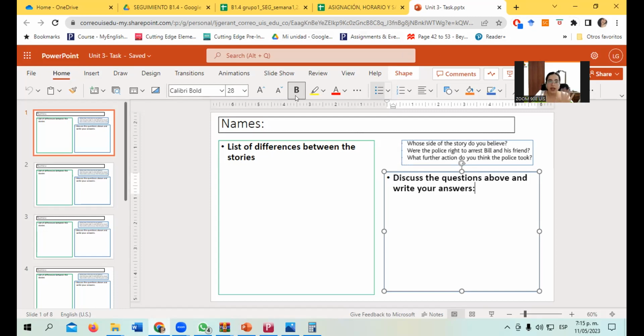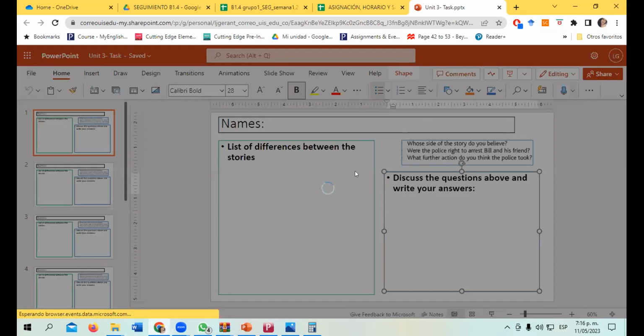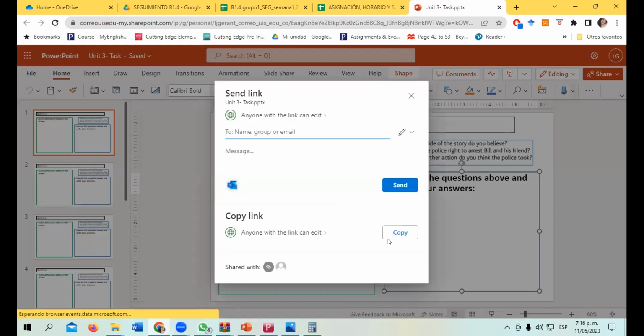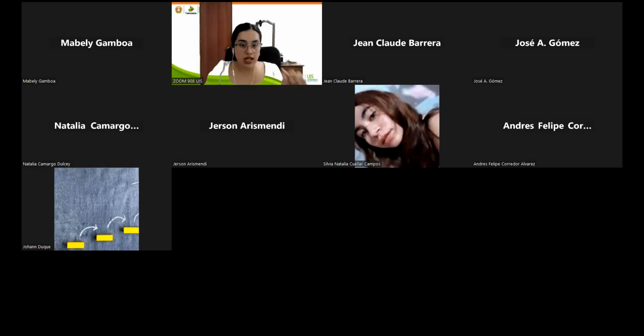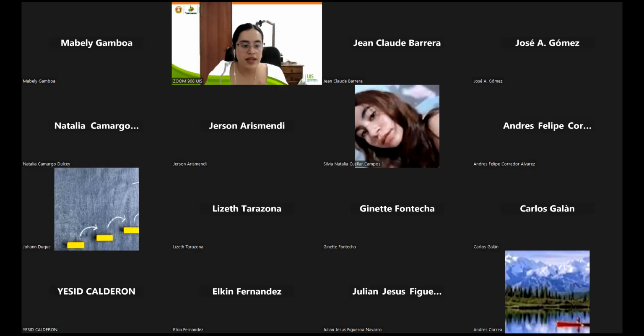Okay? So we have 2 different things. First, the list of the differences between the 2 sides, and then you are going to discuss and answer these questions. In total, we will have 20-25 minutes to work on this. All right, is it clear what we need to do? Yes, teacher. Okay, so take the link, open the link, and give me a minute. I will create all the groups. Just a minute.